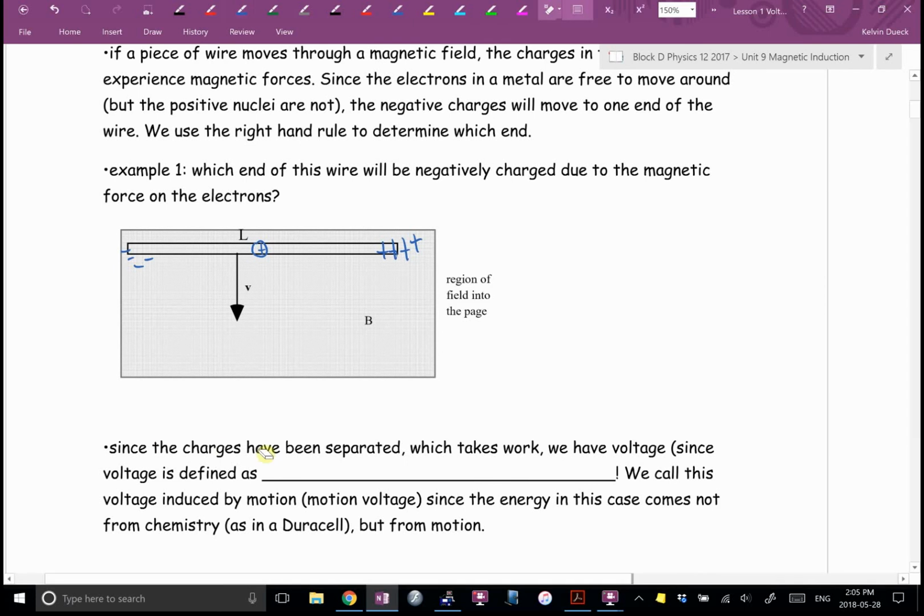And since charges have been separated, and separating charges takes work, we have voltage, because voltage is work per coulomb, energy per coulomb, joules per coulomb.